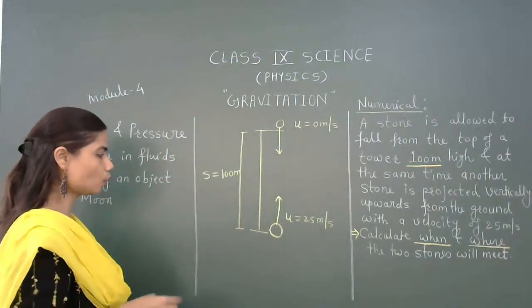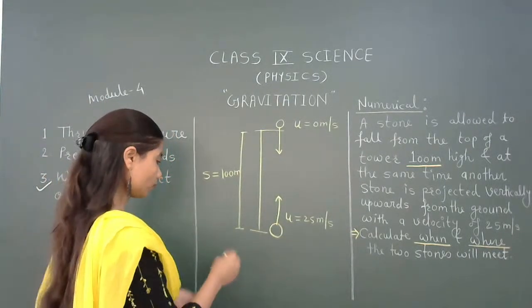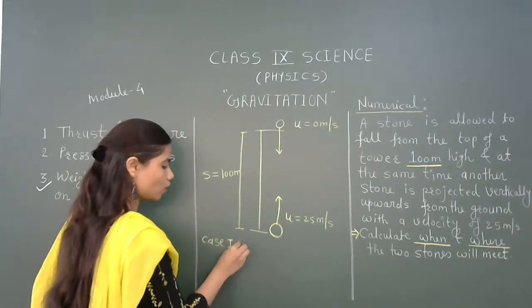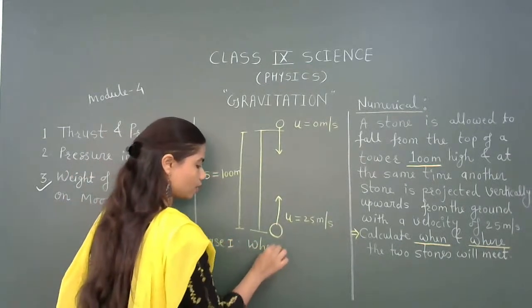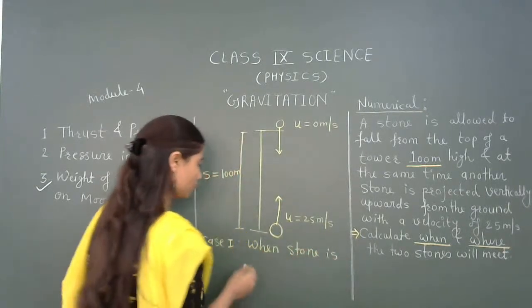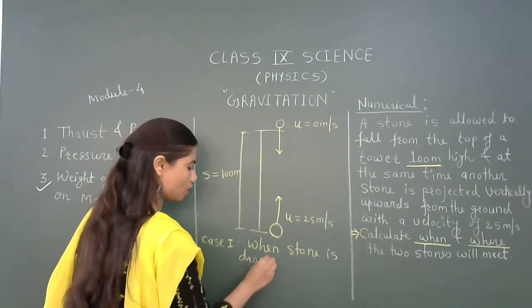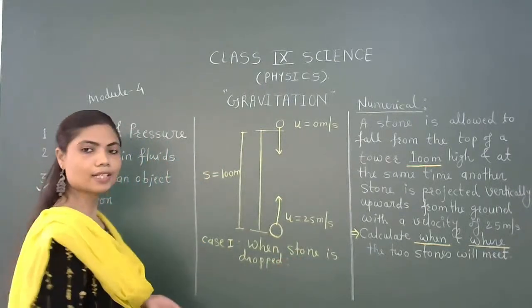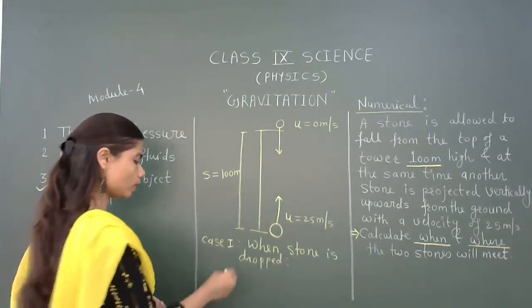So we will start with the first condition, case 1. What is case 1? When the stone is dropped, means falls. The stone is dropped, so we can calculate the value as for a dropped stone.